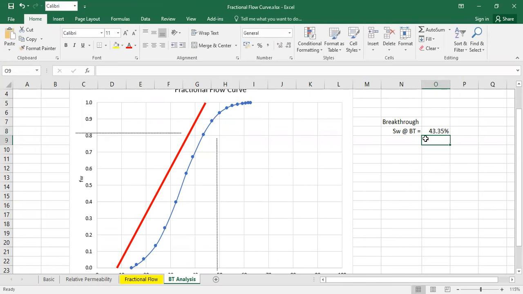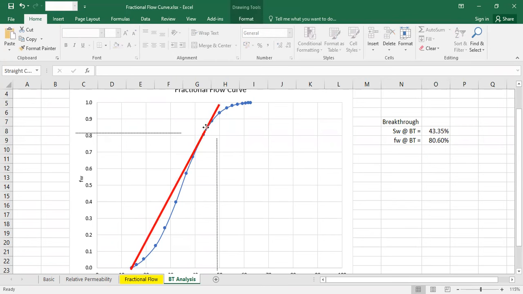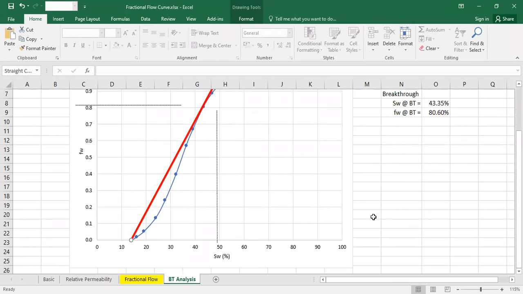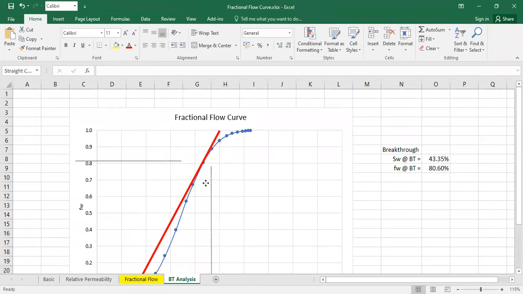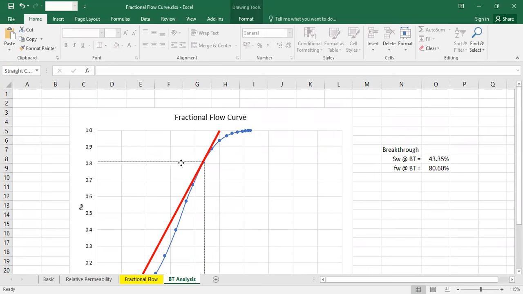It's actually a better approach. And then the fractional flow at breakthrough is 80.6%. So here you go, you get the value just by making a rough tangent line like this. But later I can also show you the more detailed approach and we will compare the result.